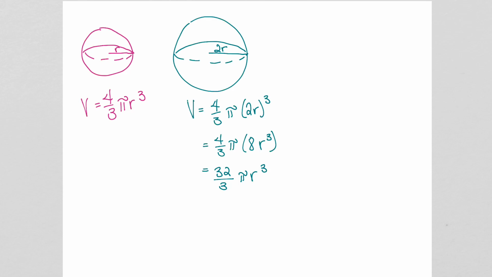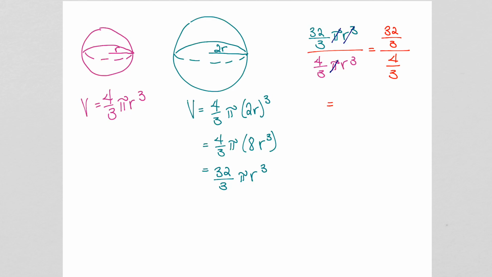Well, if we just take the volume of the second one and divide it by the volume of the first one, you can see that the pi's go away and the r cubes go away. So now we're left with just numbers. That's a good thing. So 32 over 3 divided by 4 over 3.